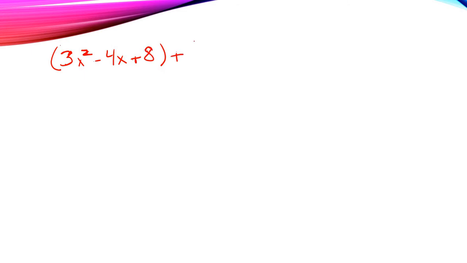And I want to add this to another polynomial, 2x minus 7x squared minus 5. All right, so the first thing I have to do is look for my like terms. And remember, addition is commutative, so I can move things around. So I have 3x squared and a negative 7x squared. So 3x squared plus a negative 7x squared.